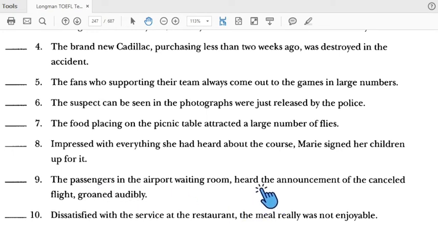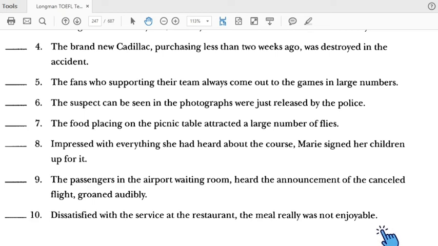Number 10. Dissatisfied with service at this restaurant, the meal really was not enjoyable. So guys, you have to focus on that "meal" too. Try to practice at home. Number 10 is incorrect. Why incorrect? Actually, this structure is right.